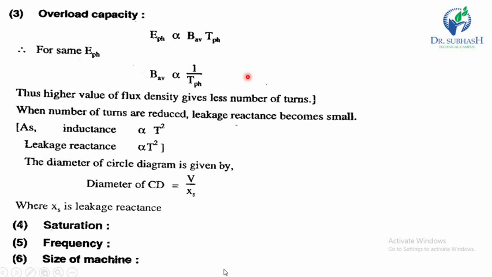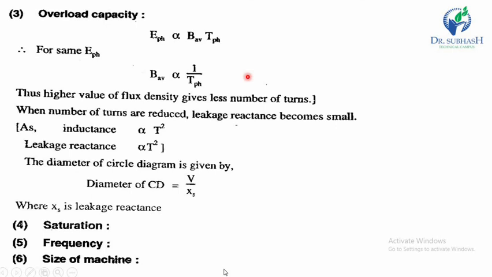So we have to keep in mind that as a design engineer, we have to choose Bav for good performance. The range of Bav we choose for a normal design is 0.3 Weber per meter square to 0.6 Weber per meter square.